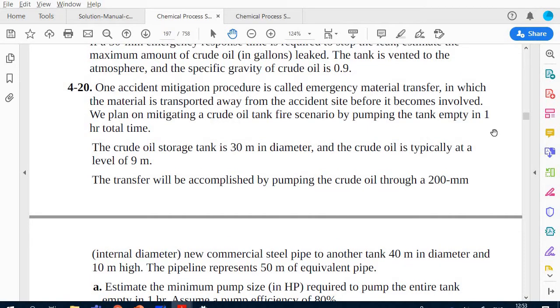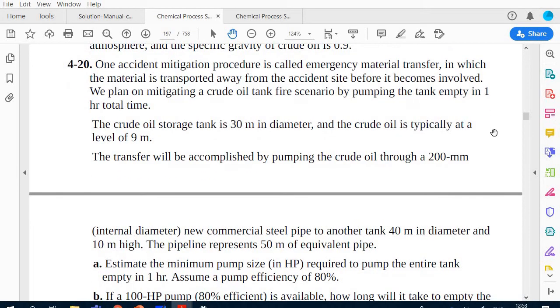So getting into the problem here. 420 says that we have an accident, right? An accident mitigation, part of the risk procedure, is called emergency material transfer. What is this emergency material transfer? Transferring material from one place to another as an emergency, in which the material is transported away from the accident site before it becomes involved.